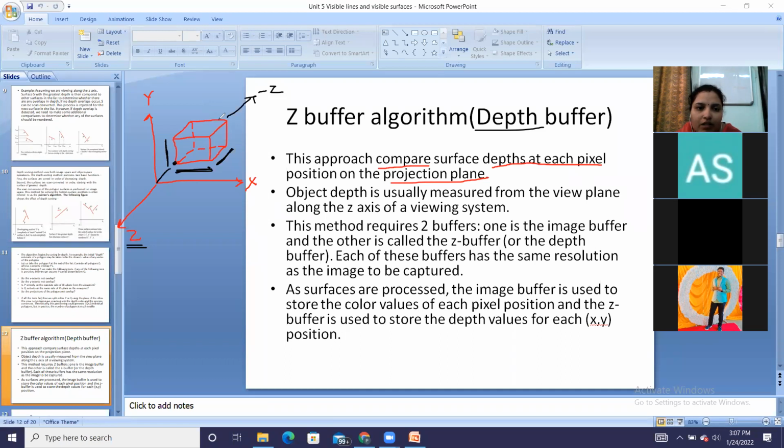Okay, I will consider this line. On this line, which point is visible?